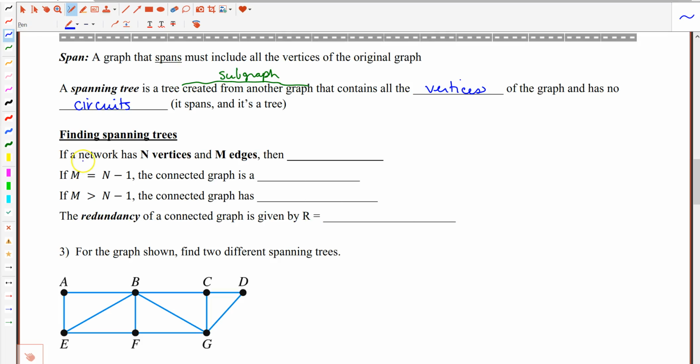Now it says if a network has n vertices and m edges. Now network is just another word that would imply that you have a connected graph. Okay, so this idea for network, this is just going to be a connected graph.